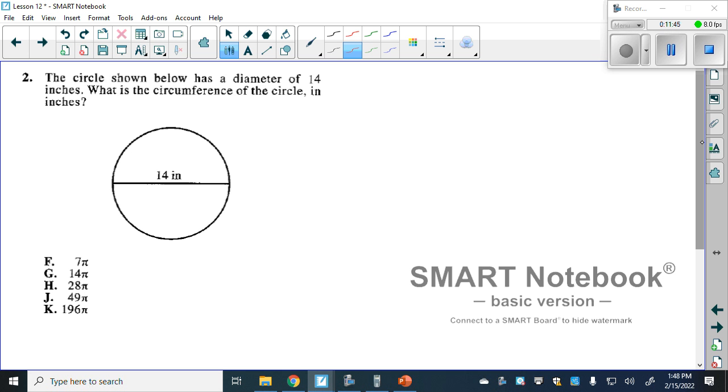We'll go on and look at this one here. The circle shown below has a diameter of 14 inches. Well, we said that the circumference, what is the circumference of the circle in inches? 2 pi r. But we also said circumference is equal to diameter times pi, yes?